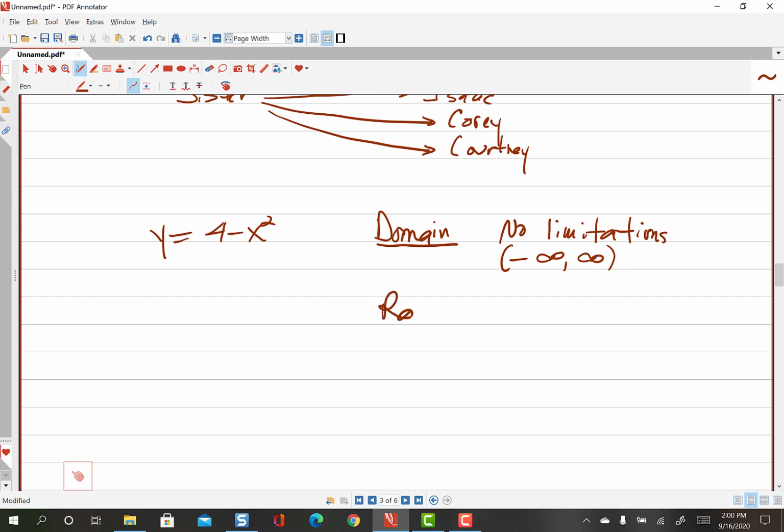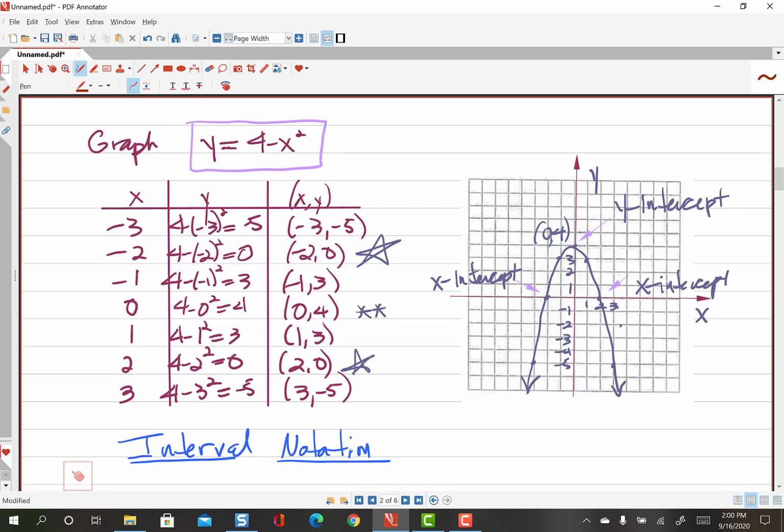Now remember, the range, these are your outputs. This is going to be your y values. If we look at my graph again, and we look at this carefully, does this look like the very highest point on the graph? It looks like all of my y values are going to be from here going downward. And I would agree with that. So when we go to write the range, this is going to be the top point or the highest value.